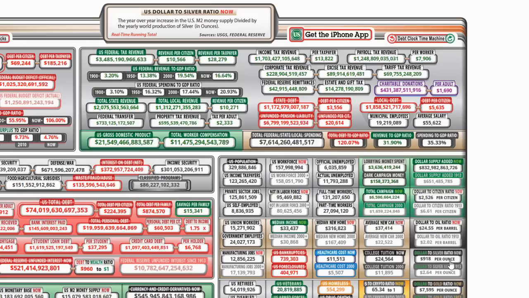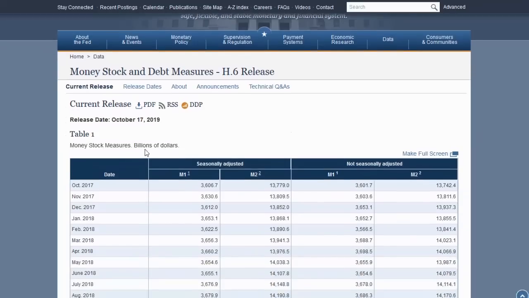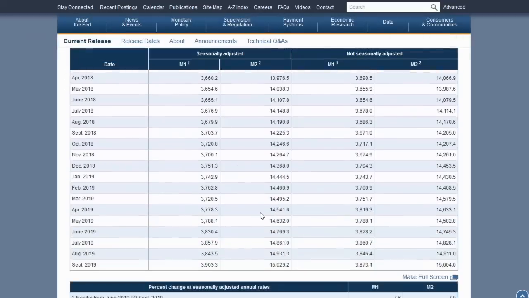So we kind of went back and looked at where they got their numbers, and it's the Federal Reserve, and this is where we would find this information, the money stock measures, and you can see there's different numbers here, and it's showing basically this is the change that we're seeing, and how the U.S. Debt Clock got their numbers and how they aggregate them together.